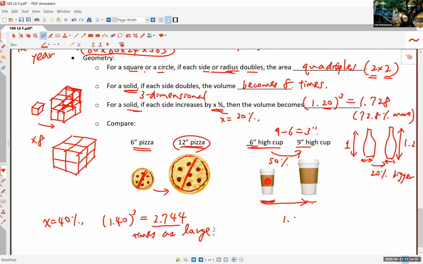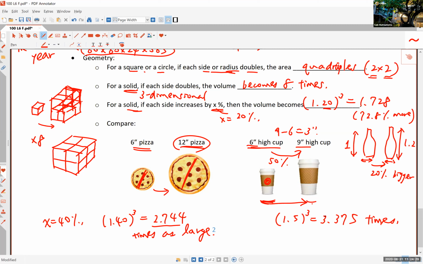So here, the volume will be 1.5 raised to the 3rd power, and that's 3.375 times as big. So this large cup contains, let's say if it's coffee, more than 3 times the coffee in a smaller cup. That is surprising.